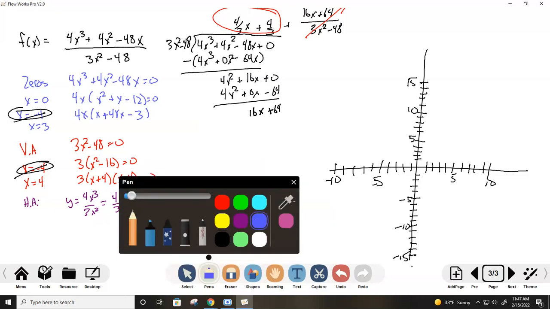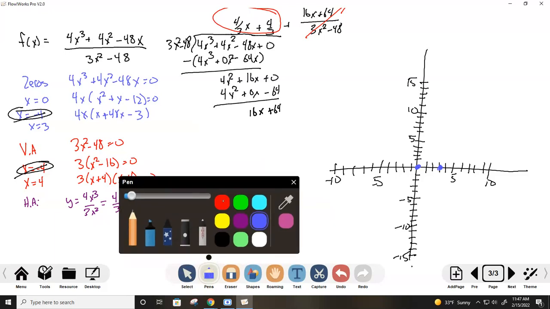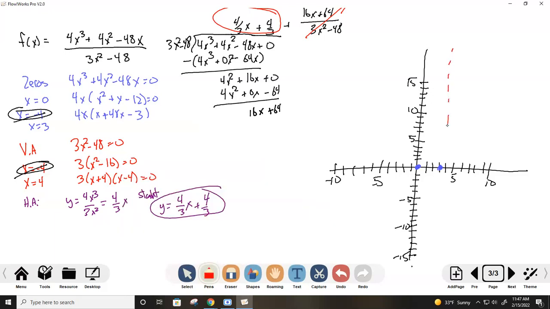So again, I plot my zeros. I got a 0 at 0, a 0 at 3. I have a vertical asymptote at 4. My slant asymptote is going to be 4/3 x plus 4/3.